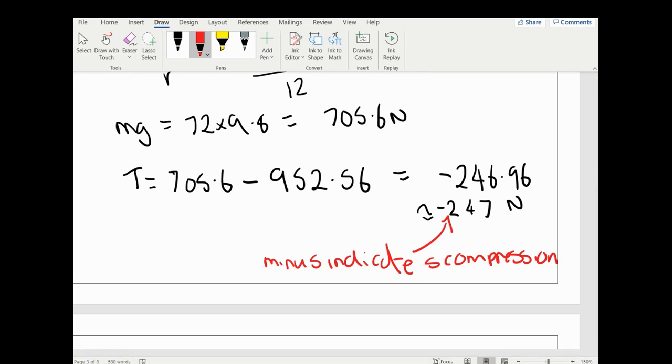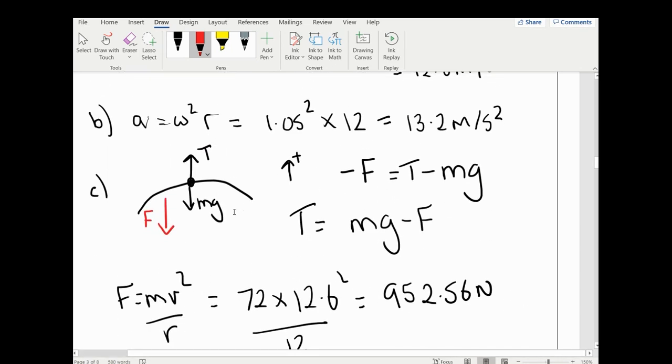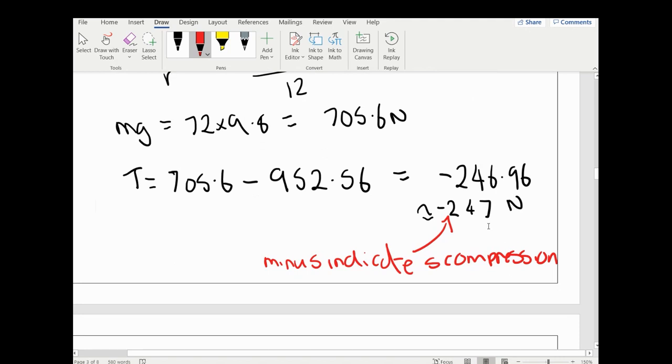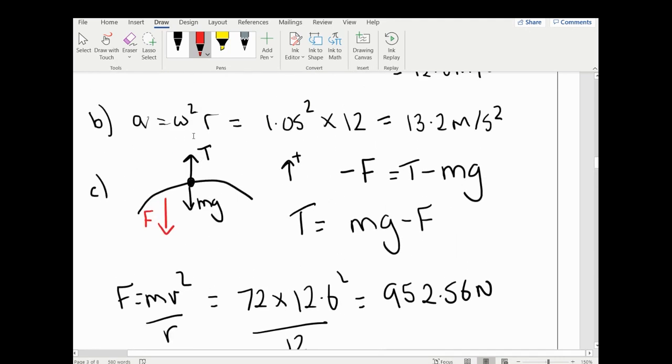So what I'm saying here is that I always have tension opposite weight in some way, shape, or form. It could be at an angle, but I always have it as a reaction to the weight. And when I work out my answer, it comes out as a negative. What that actually means is that this reaction, instead of being a tensile force, is actually a compressive force coming down, and I got my tension the wrong way around.